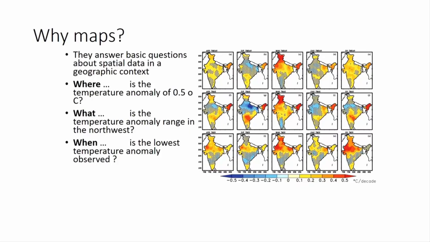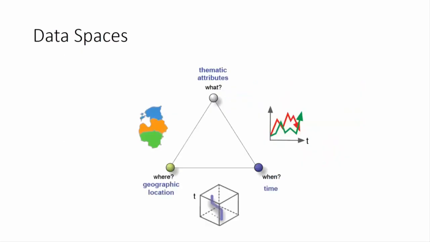So the map representation also lets you do a query or find out information based on a single time. And if you combine multiple times, then we can also do a kind of temporal analysis, and based on that we can answer certain questions, like when is the minimum temperature, or in which season is the minimum temperature anomaly observed.